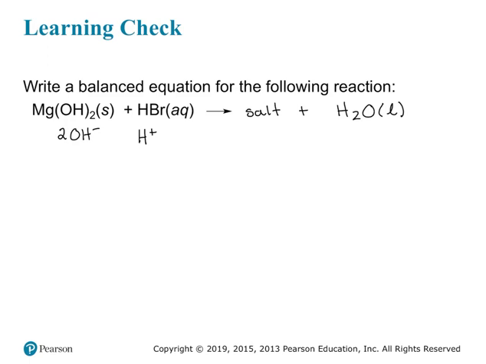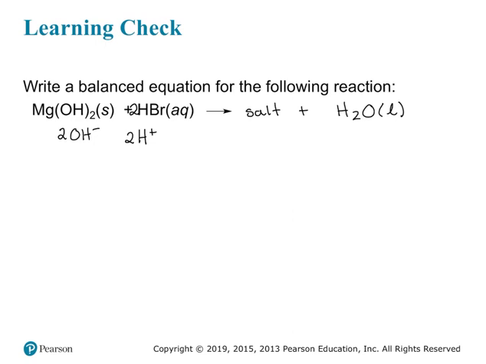So if we know that we're forming a water molecule, first we need to balance the hydrogen ions and the hydroxide ions. So we're going to need 2 hydrobromic acid molecules so that we have 2 hydrogen ions.